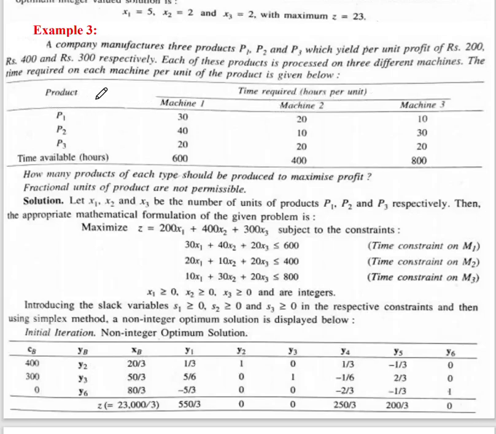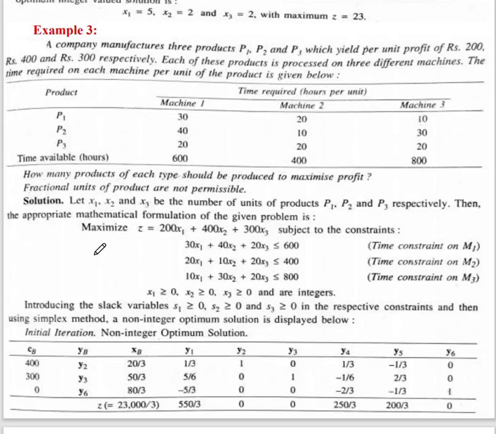The time required on each machine per unit of the product is given below. This table shows products P1, P2, P3 and machine 1, machine 2, machine 3. Here we have to find out how many products of each type should be produced to maximize profit. Second, fractional units of the product are not permissible. So this is the given data.